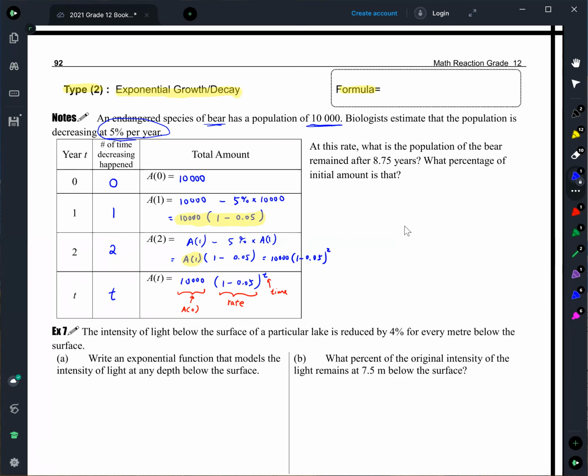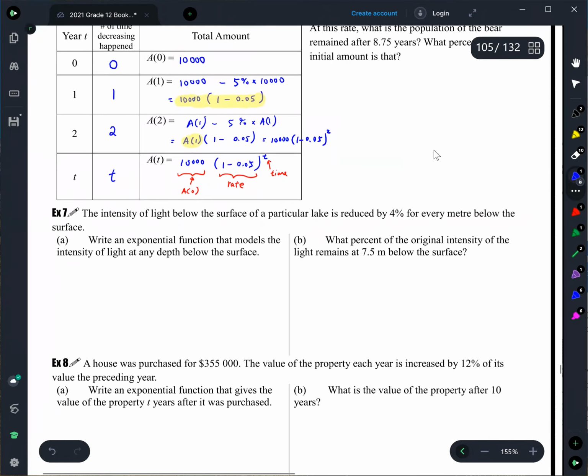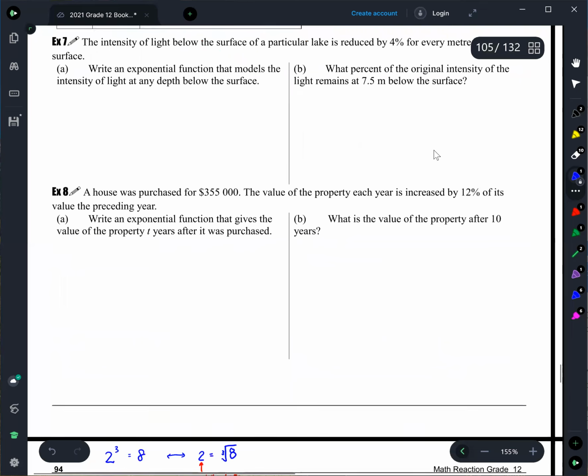Okay, Evan, Justin, Wayland. Okay, so we are here. We just practice how to fill in the numbers. Okay, so let's look at question 8.